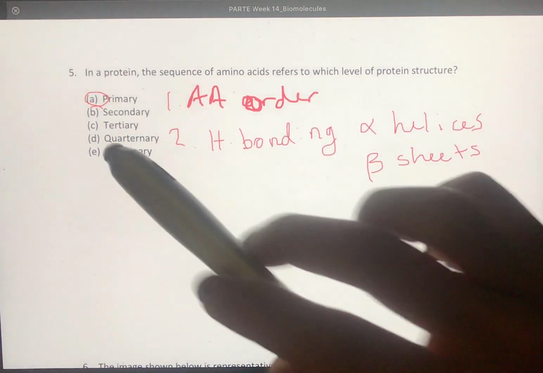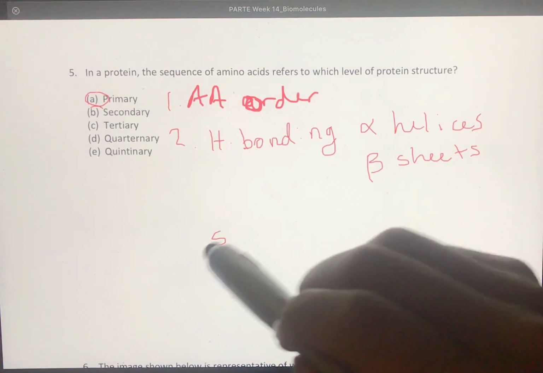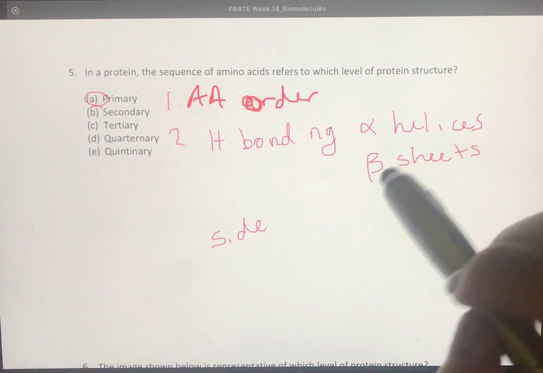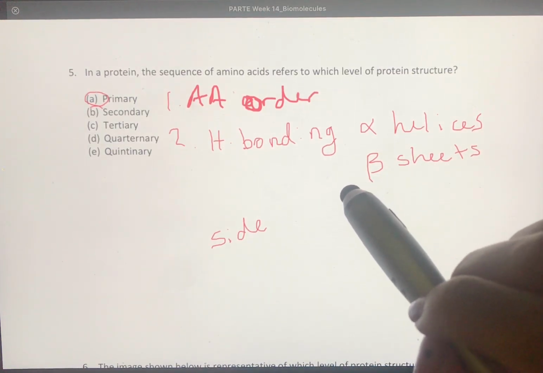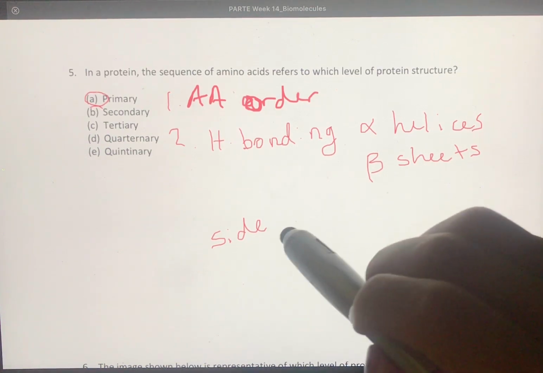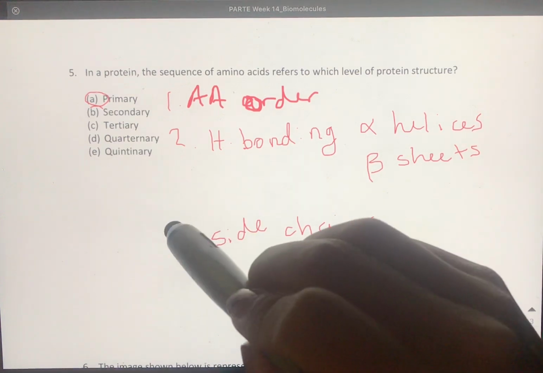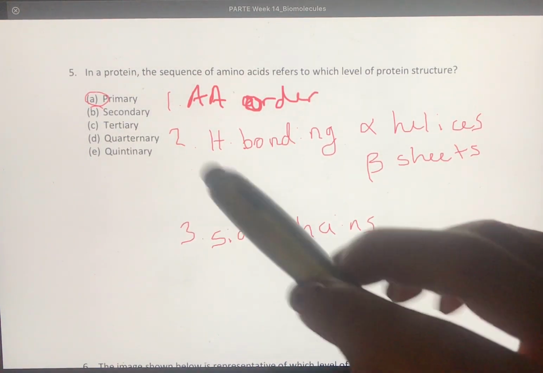And then tertiary structure talks about the side chains. For the secondary structure, the side chains don't matter except for a few very specific cases, but the side chains are involved in the tertiary structure because that gives you the total shape of the protein.